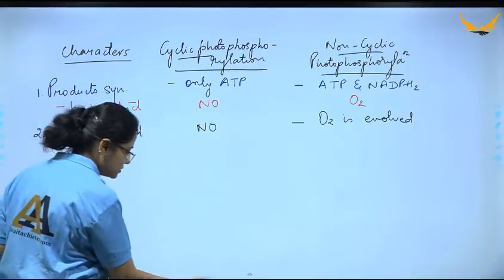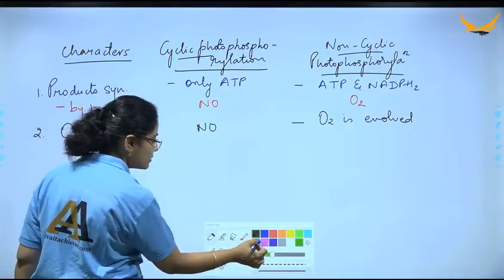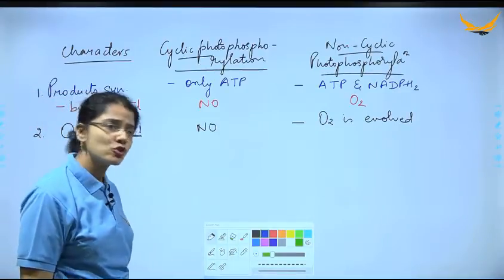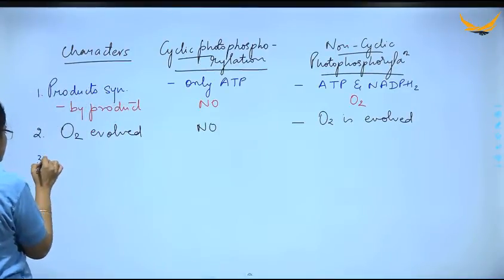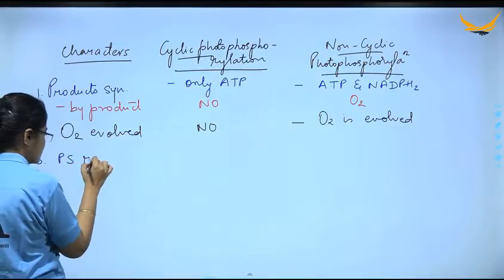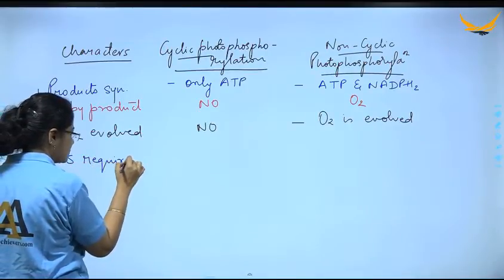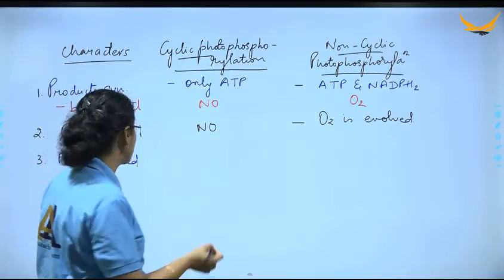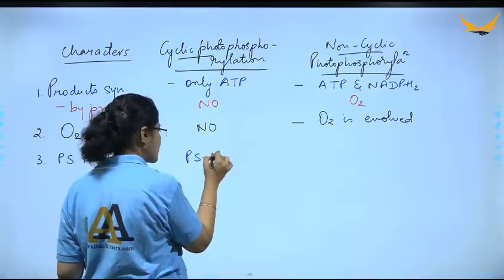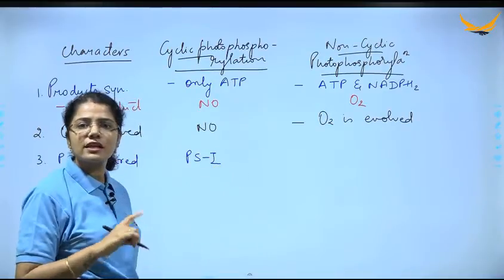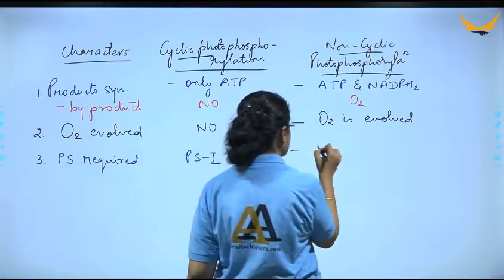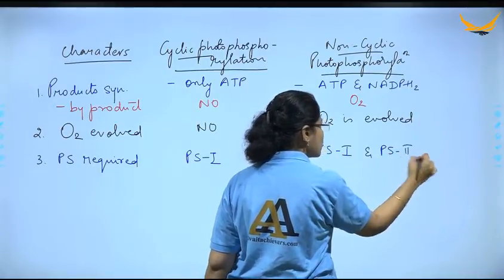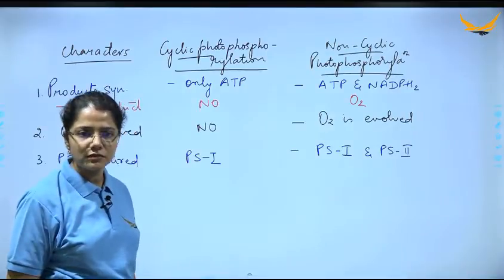Then the third point we can take is the PS requirement, that is the photosystem required. Now in case of cyclic, we know only PS1 is participating, so only PS1. Whereas in case of non-cyclic, PS1 and PS2 both are required, correct?